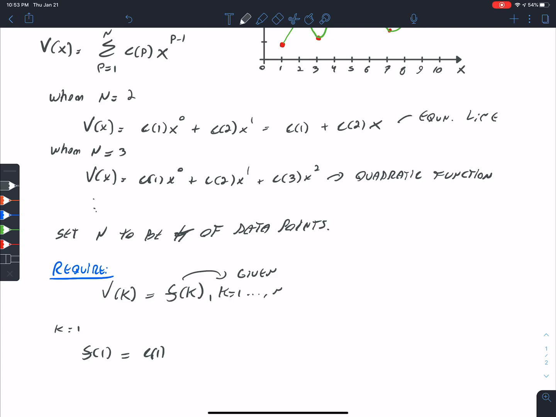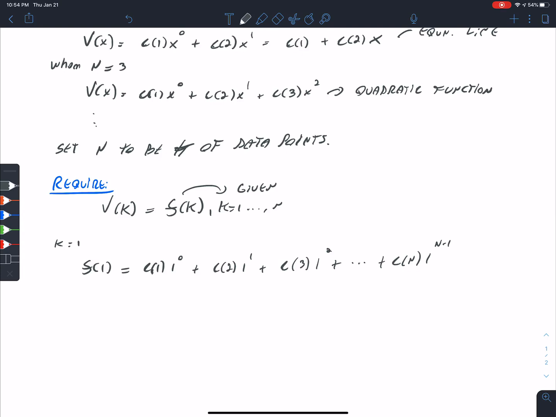So x in this case is going to be evaluated at 1, so 1 to the 0, plus c2 times 1 to the first power, plus c3 times 1 to the second power, plus all the way to c of n times 1 to the n minus 1 power.